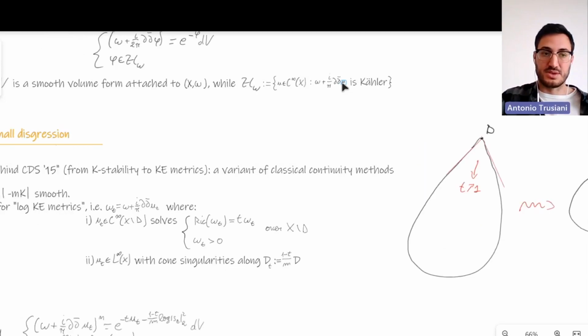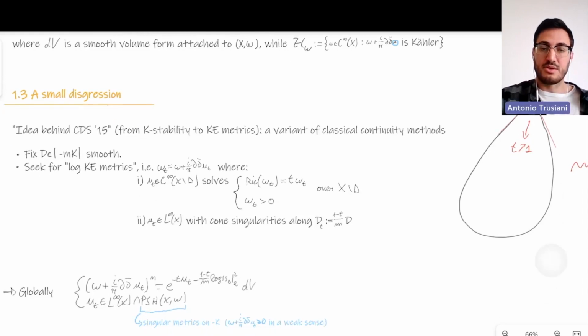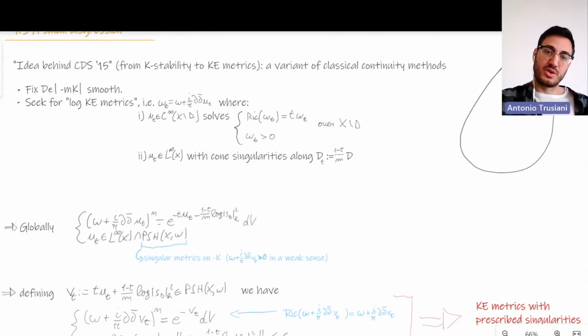Now if you look at this equation globally, u_t solves this equation on X. So we have this extra singular factor given by log of s_D, where s_D is a section that defines the divisor D. So on the right-hand side, we have some pole.